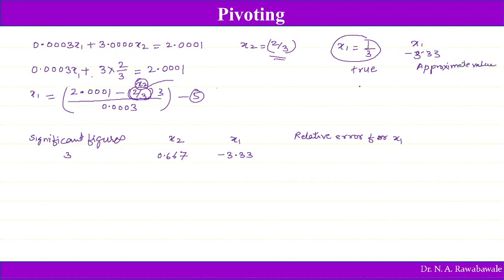So we can find out the relative error, which is equal to the true value minus the approximate value, divided by the true value, into 100.